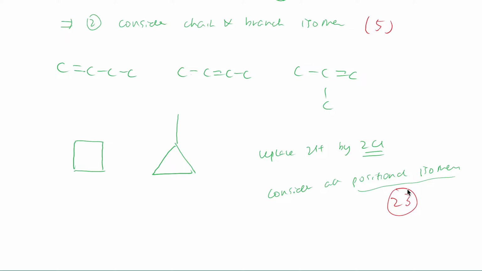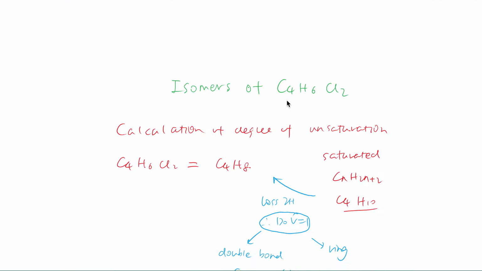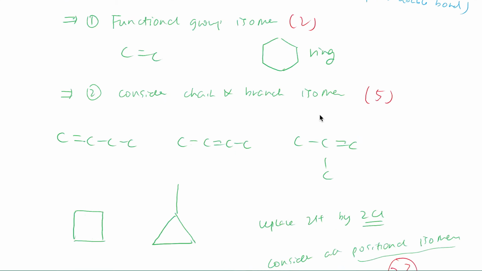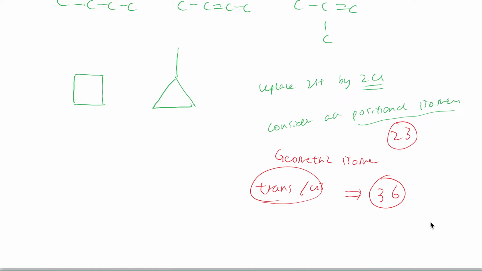And then on top of that, we can consider all the cis and trans isomers, which are geometric isomers. And then the overall answer is 36. So for this molecule, C4H6Cl2, overall there are 36 isomers.